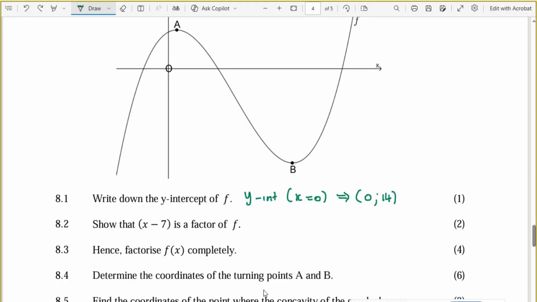If something is a factor, when I say x minus 7, I equate that to 0. What do I get? I get x is equal to 7, right? So this tells me that when I find f at 7, the answer should be 0.